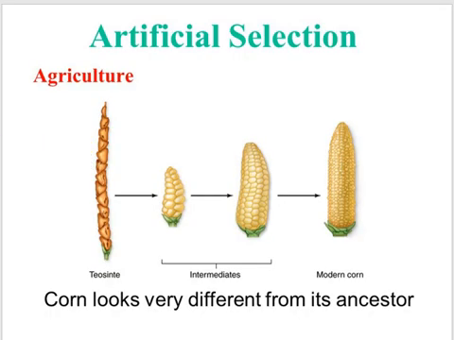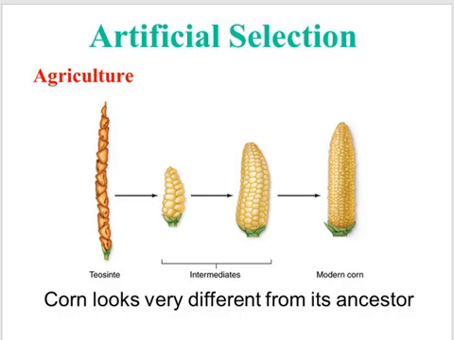Now, long before Darwin, this notion of selection was being used by farmers and breeders to create their idea of model species.